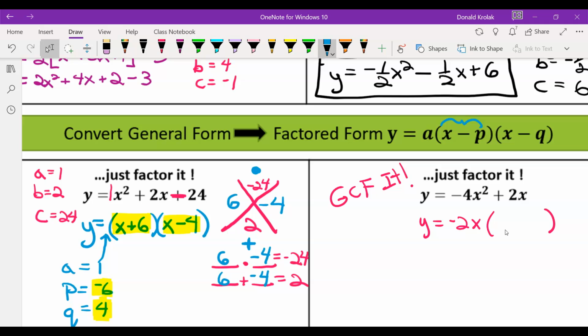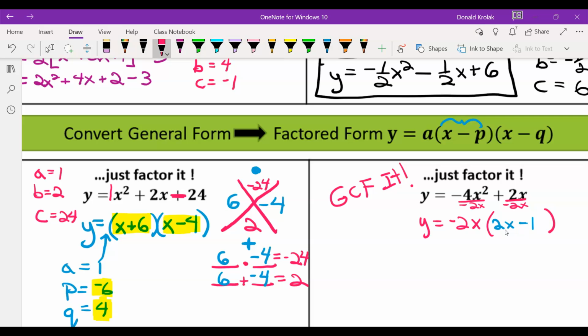In my head, I'm doing this: 1 by 2x, and I'm dividing that by negative 2. So factoring is dividing. Okay.